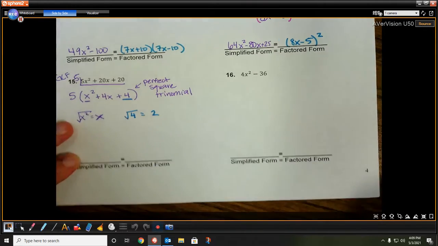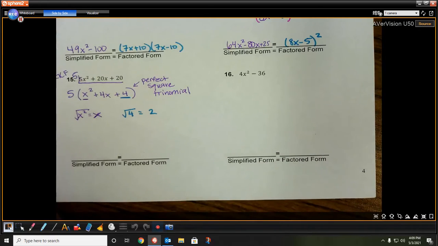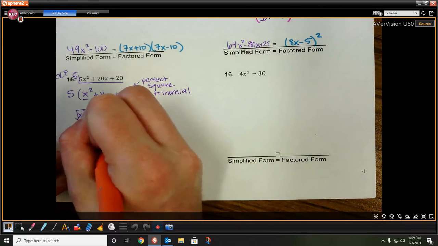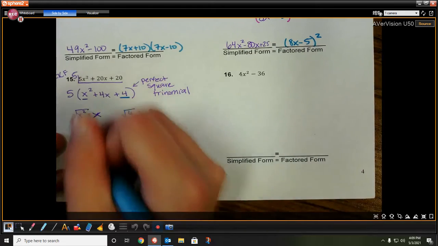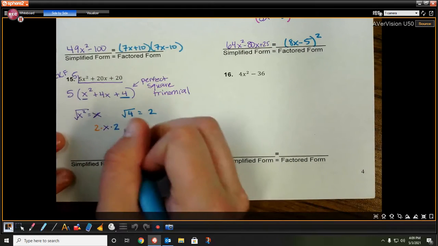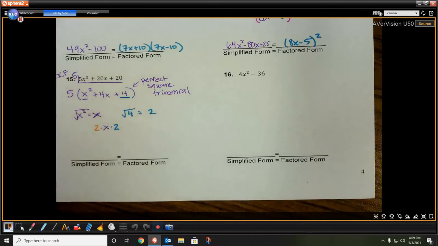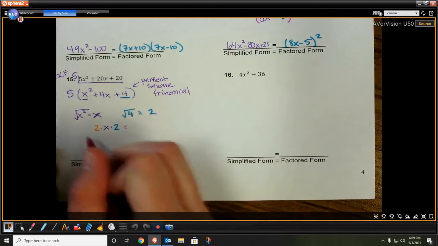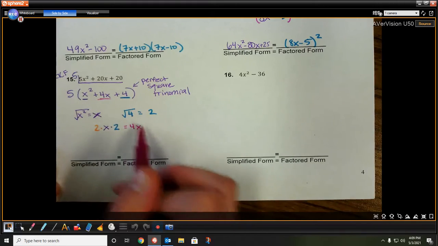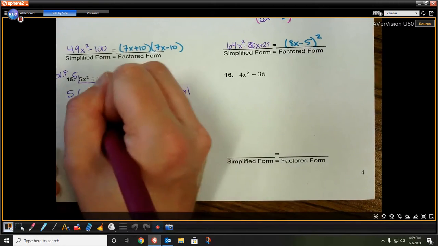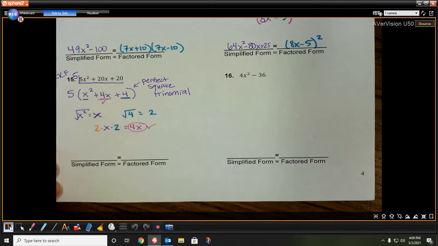We have a plus sign here. So we want to say, all right, positive 2 times a times b is going to give us, let's see here, that would be 4x. And that matches what we have in the middle. So this fits with our perfect square trinomial.